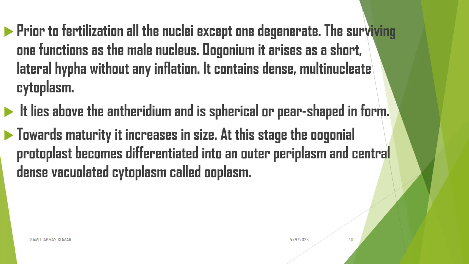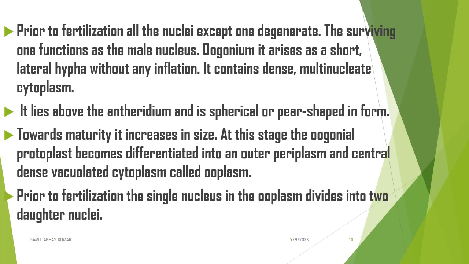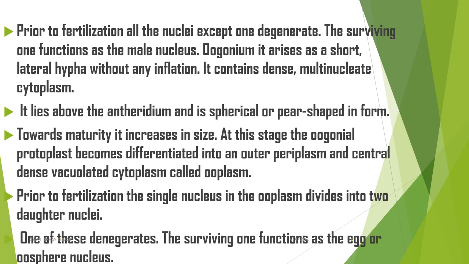At this stage, the oogonial protoplast becomes differentiated into an outer periplasm and central dense vacuolated cytoplasm called ooplasm. Prior to fertilization, the single nucleus in the ooplasm divides into two daughter nuclei. One of these degenerates. The surviving one functions as the egg or oosphere nucleus.